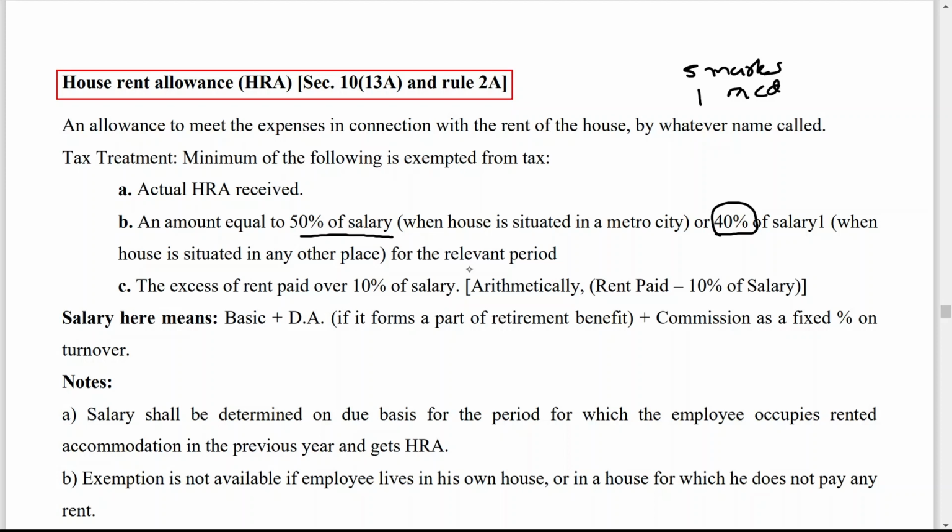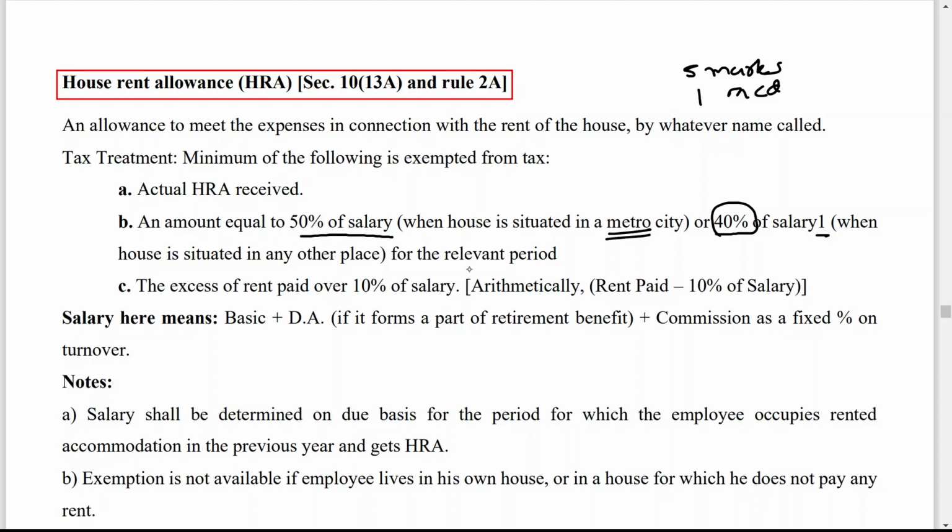Here, the meaning of salary is given in section 10(13A) for the relevant period. Now you have to think about when to take 50% and when to take 40%. The answer is very simple. If the house is situated in a metro city, then 50%.